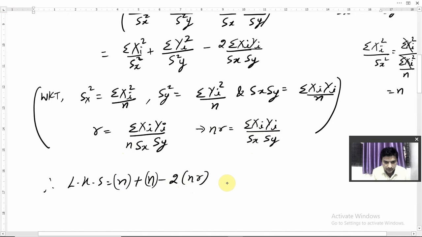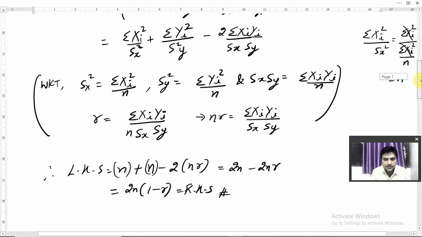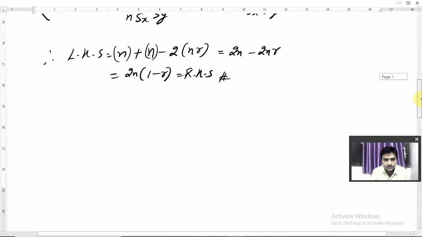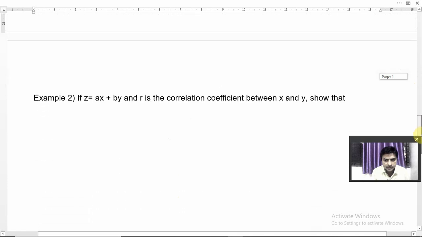So n and n will become 2n minus 2nr, and this is equal to, if I take out 2n, 1 minus r, which is your RHS. So this is how we have to prove this example. Very easy, very simple. One can easily prove this. Friends, instead of wasting time, we'll do the next example quickly.